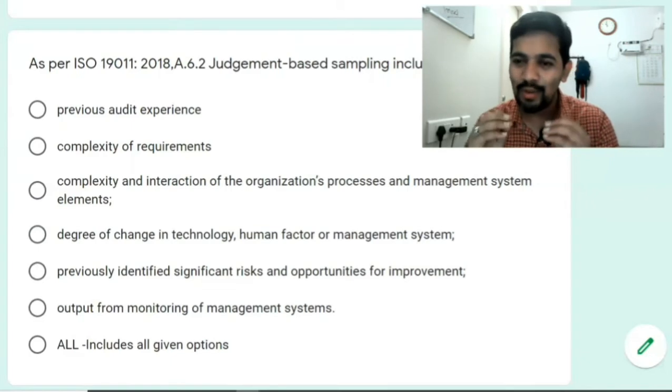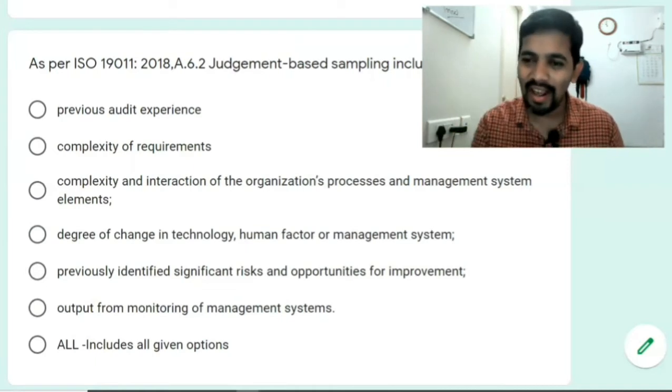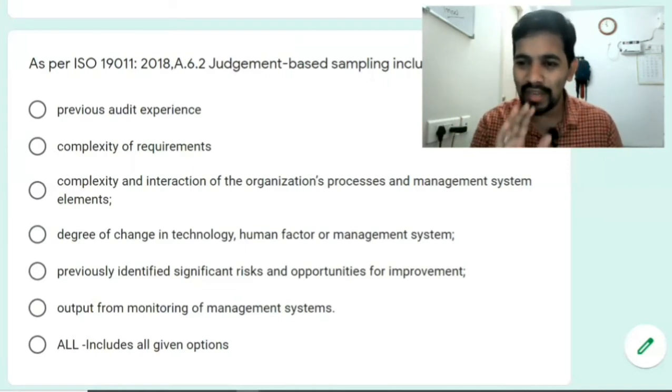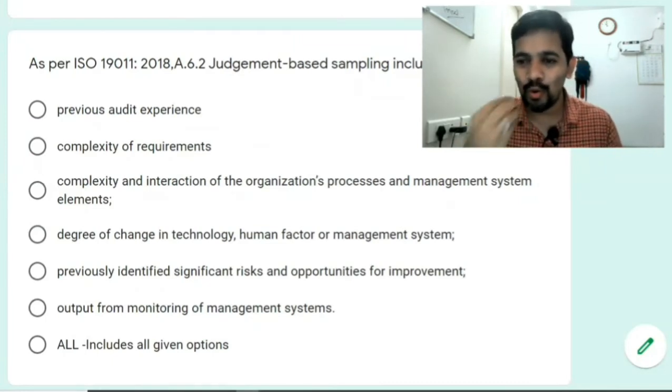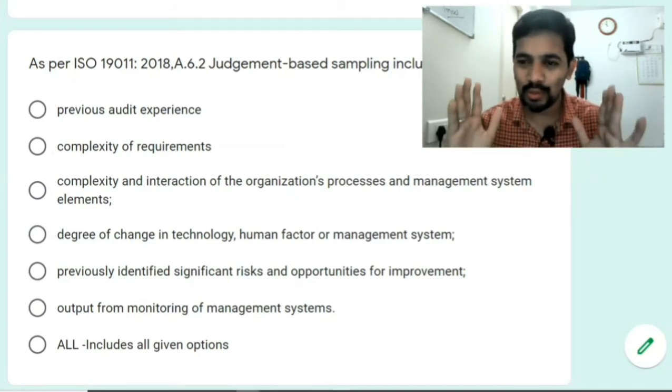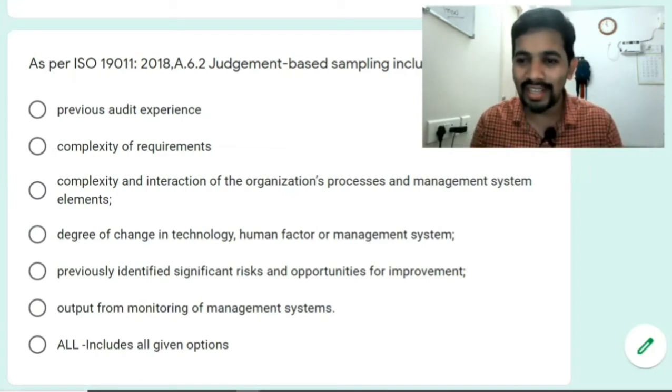A.6.1 gives the idea that it is not practically possible to do a 100% audit. Audit is always based on sampling. That's the reason we need to state in the opening meeting that when there is no finding, it does not prove that your process is robust. And if there is a finding, it does not indicate that you have a feeble system, right? Why?